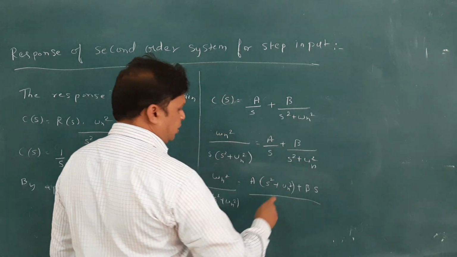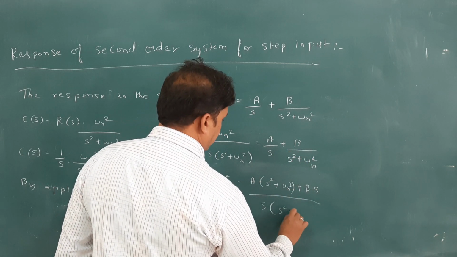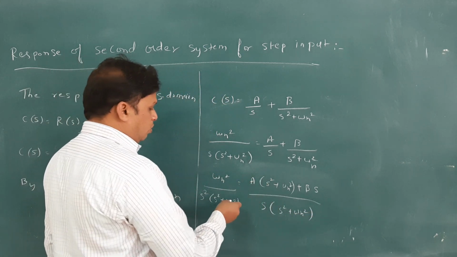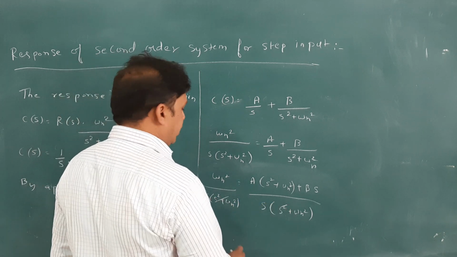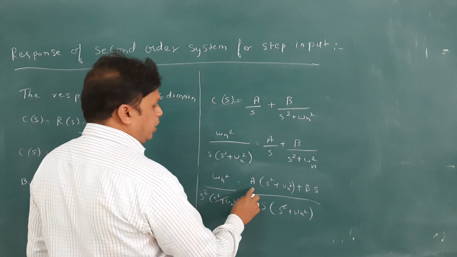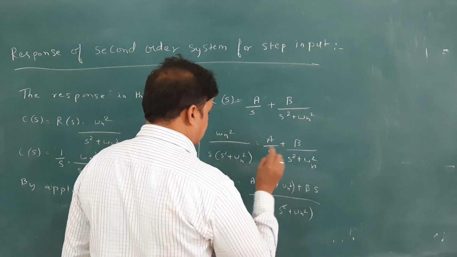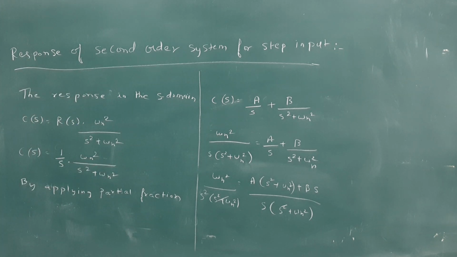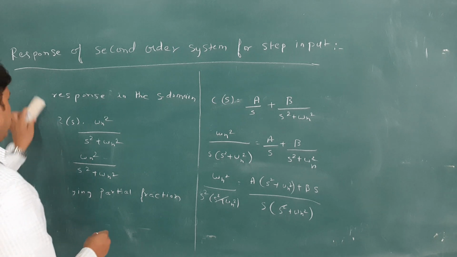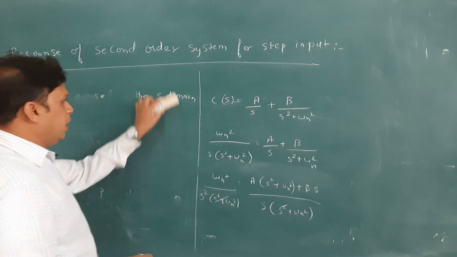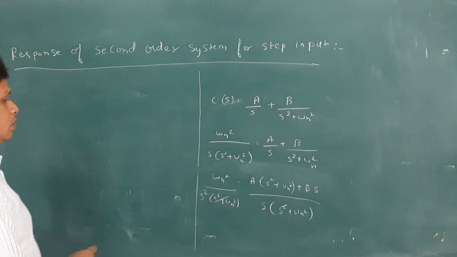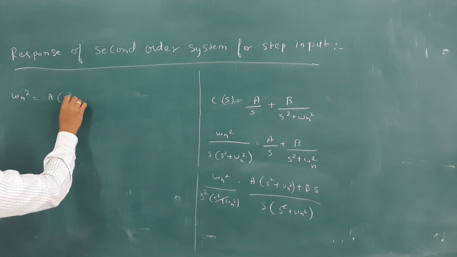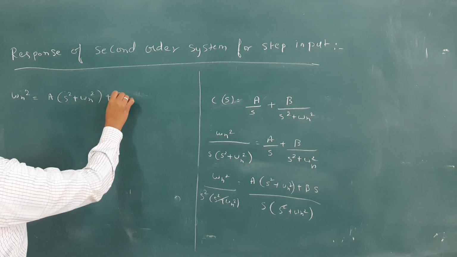We take the LCM and cross multiply. The denominator gets cancelled, and we take the numerator: omega n square is equal to a into s square plus omega n square plus b s.